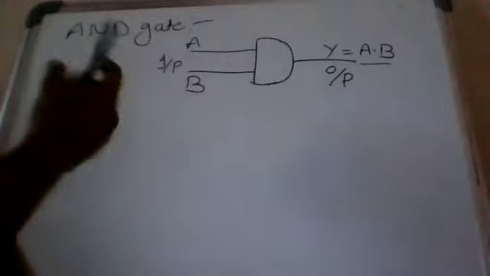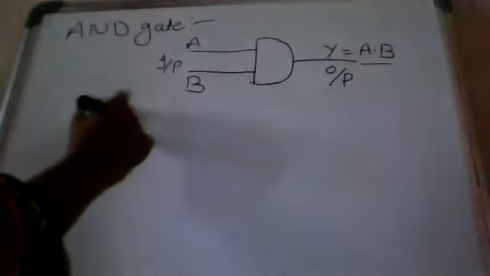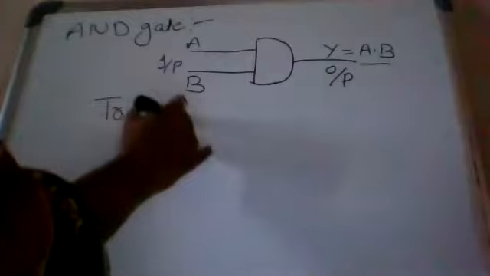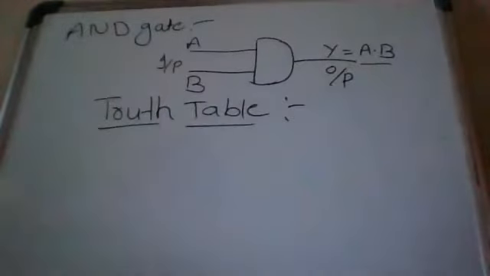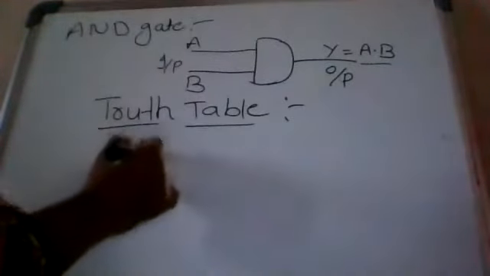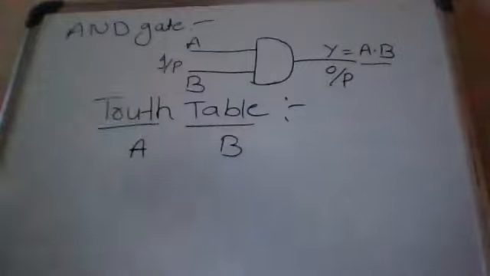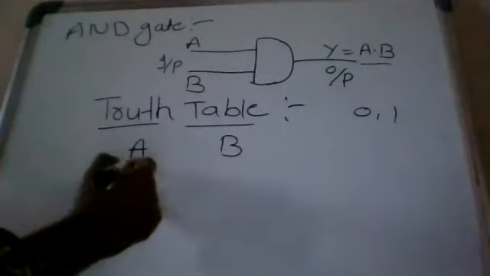Next, truth table for this AND gate. Inputs A, B. Here we are using only 0, 1.